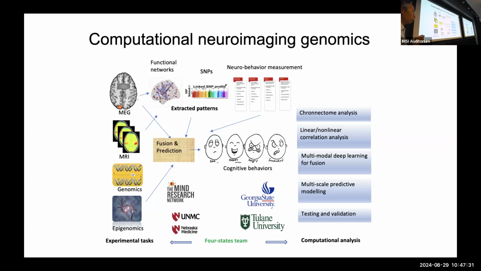In addition, we have genomic and epigenomic data. So we can extract the functional connectivity network and also some other structural information to integrate with genomic biomarkers such as SNPs.